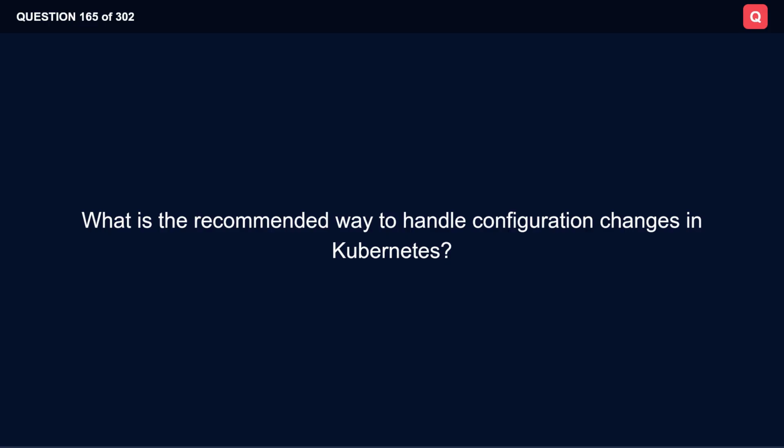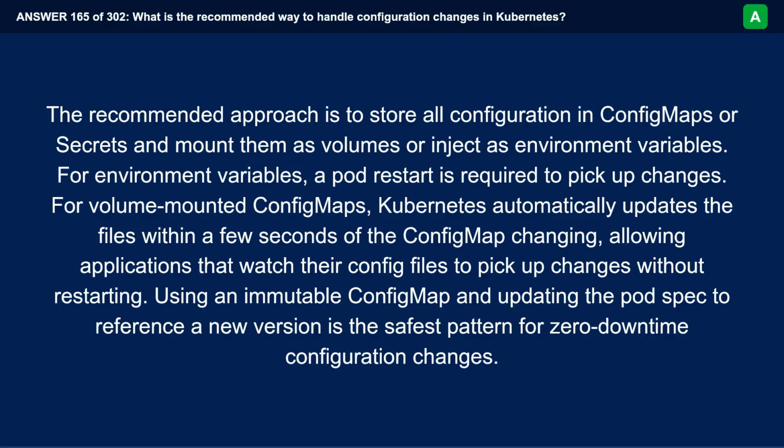What is the recommended way to handle configuration changes in Kubernetes? The recommended approach is to store all configuration in ConfigMaps or Secrets and mount them as volumes or inject as environment variables. For environment variables, a pod restart is required to pick up changes.